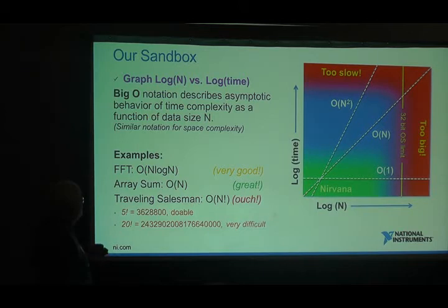And for example, a slope of 2 means it goes with the square of the input size. The sum of an array goes with the number of elements. If you have twice as many elements, it takes twice as long. But there are other problems, for example, a traveling salesman goes with the factorial of n. So if you have 5 cities, 3 million, you can easily calculate. But if you have 20 cities, you need an infinite time to do that. It's not doable.